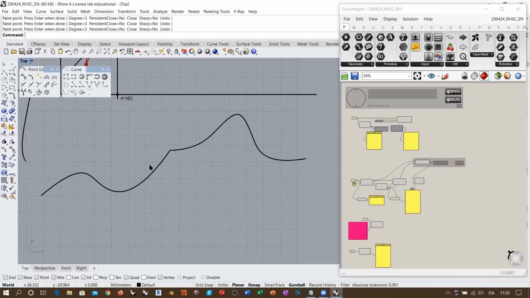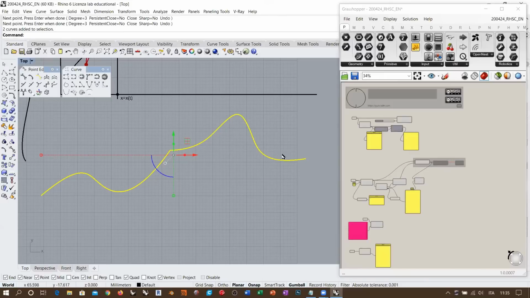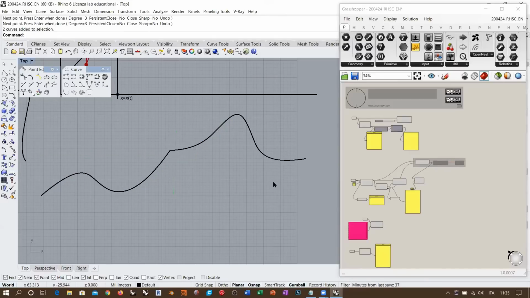So basically, two lines are continuous if there is a continuous flow between one line and the other, despite the fact that they are creating a vertex like this. Of course there is some kind of continuity between these two lines, but this is not the kind of continuity that we want, because Rhino has become the standard in product design, for example, exactly because of this possibility of avoiding creating visible discontinuities.